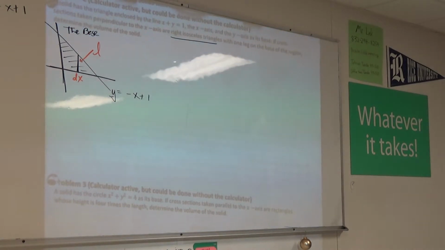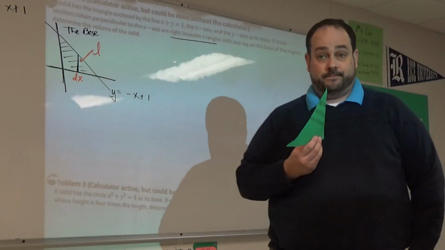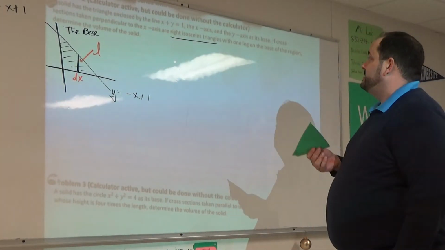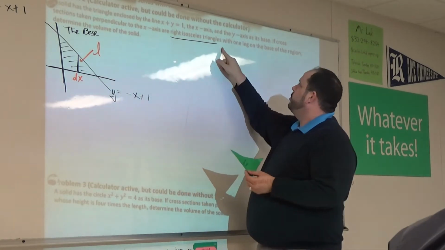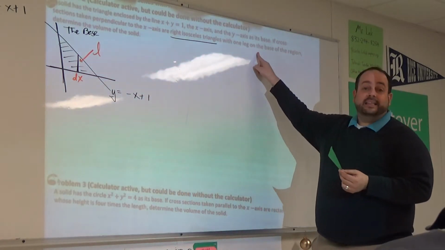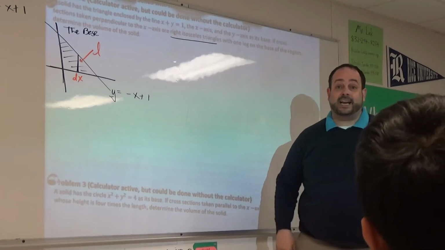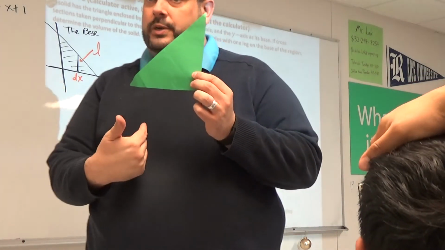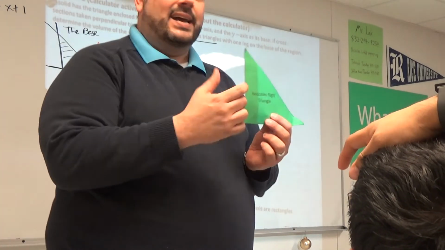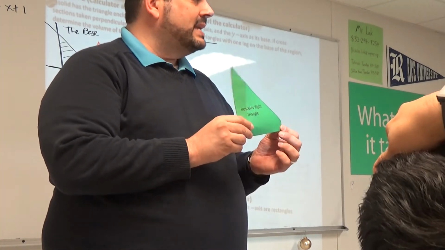The right isosceles triangle, we're talking about this bad boy. Not only are they going to say right isosceles triangle, but it's the right isosceles triangle with one leg on the base. The legs are the two that are equal to each other. The one that's not equal is the hypotenuse.